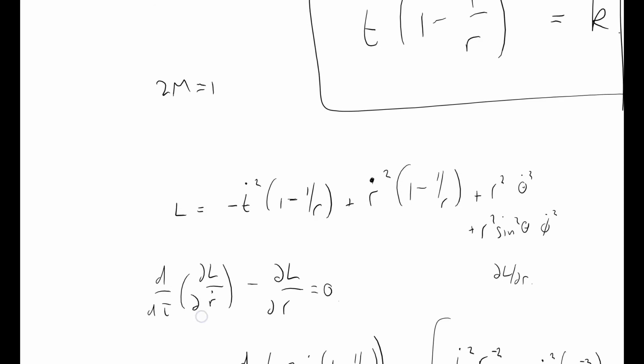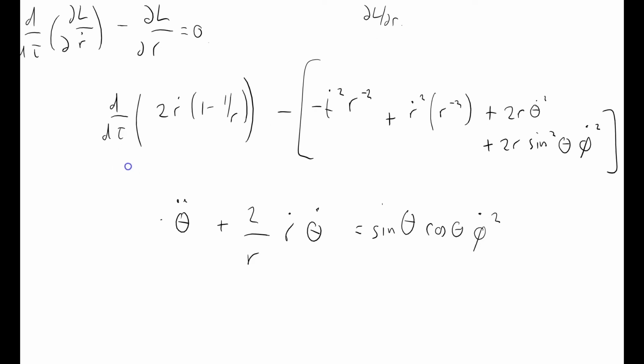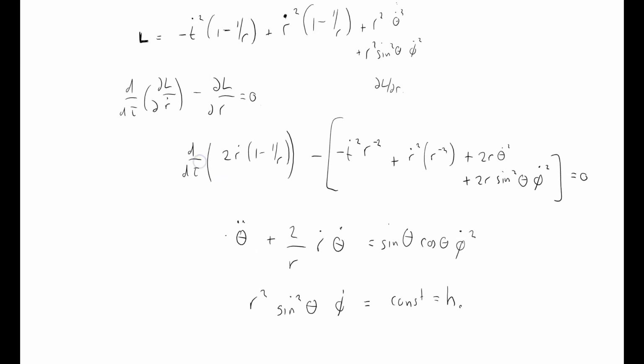Yeah, it's just the same thing. We're just going to take this Lagrangian and deal with the theta terms and the phi terms. And what's the final one? The final one is r squared sine squared theta phi dot equals another constant, which is usually called h.